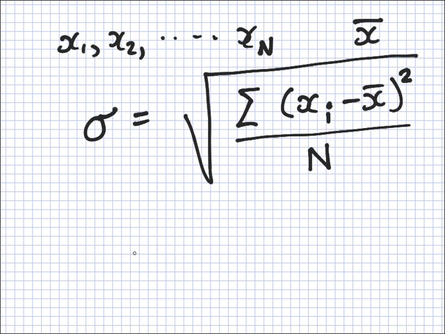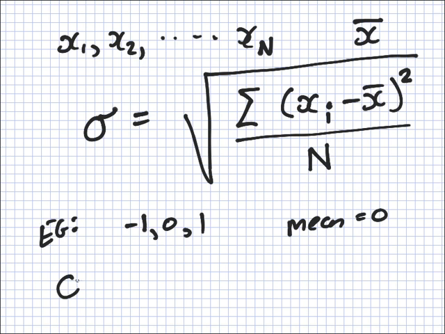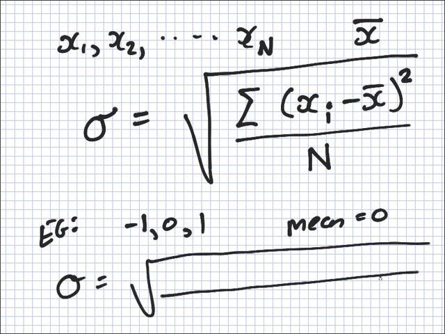So I'll give you an example with some simple numbers. Suppose, for example, you have the three numbers, we'll say -1, 0, and 1. Okay. What's the mean here? The mean is 0. So the standard deviation is the square root all over 3, because you have three numbers here. And what you do is you take each data point and compare it to the mean.